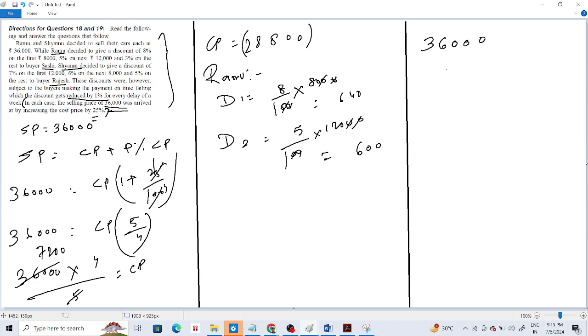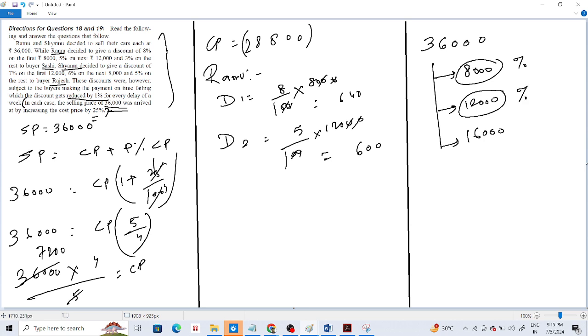They are breaking this 36,000 into three payments: 8,000, 12,000 and 16,000. On this 8,000 payment, Ramu is giving a certain percentage of discount. On this 12,000 payment, Ramu is again giving a certain percentage of discount. And on this 16,000 payment, again Ramu is giving a certain percentage of discount.